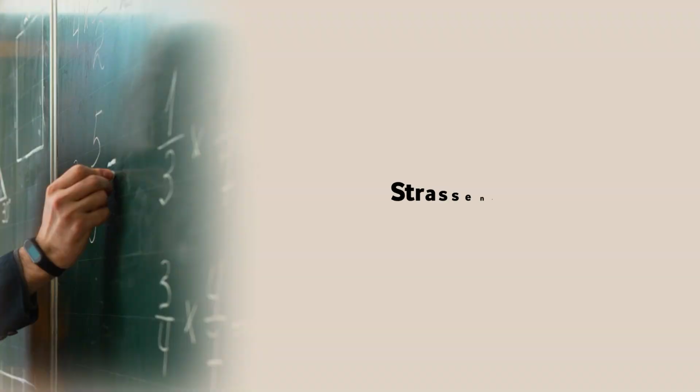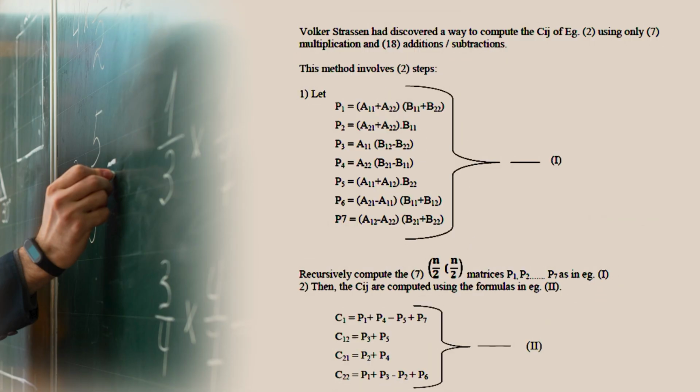What happens in this method is that the operations you have to perform are written as 7 equations: P1, P2, P3, P4, P5, P6 and P7. It is written as shown on the screen, and similarly for the 4 result operations. But rather than performing 8 multiplications, you just solve these 7 operations one by one.